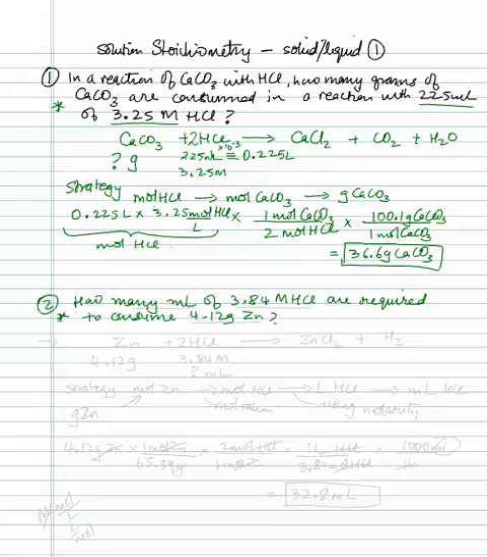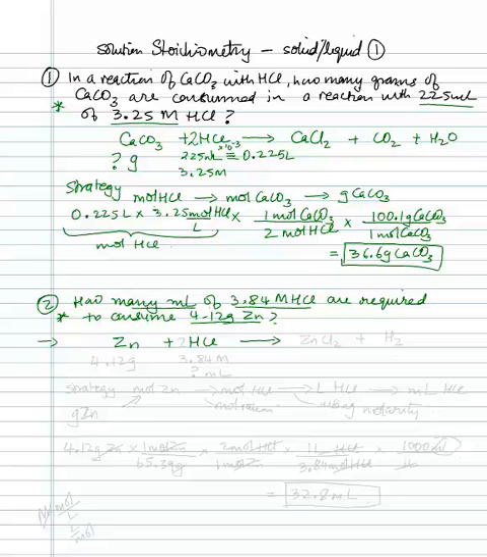Our next problem is how many milliliters of 3.84 molar HCl are required to consume 4.12 grams of zinc. A slightly different problem because now we're supposed to calculate the volume. So as usual, we'll go ahead and write our equation first, which is zinc plus HCl.